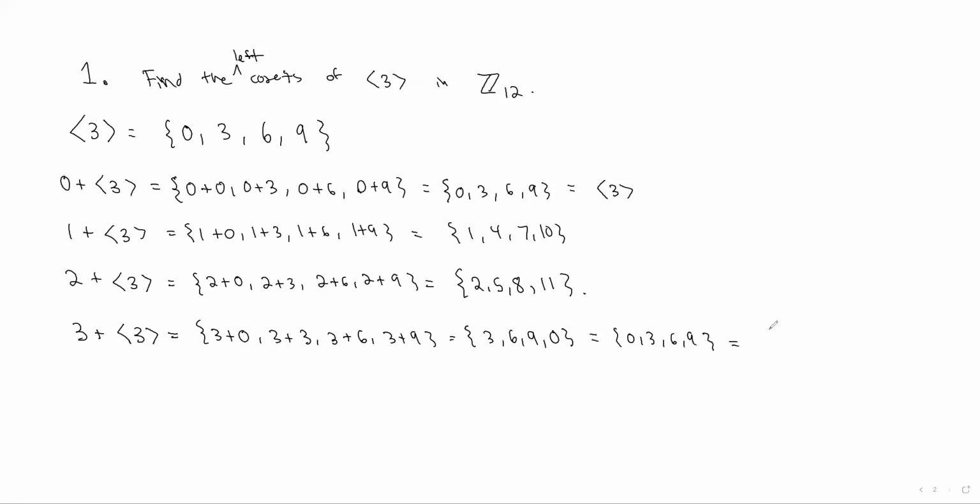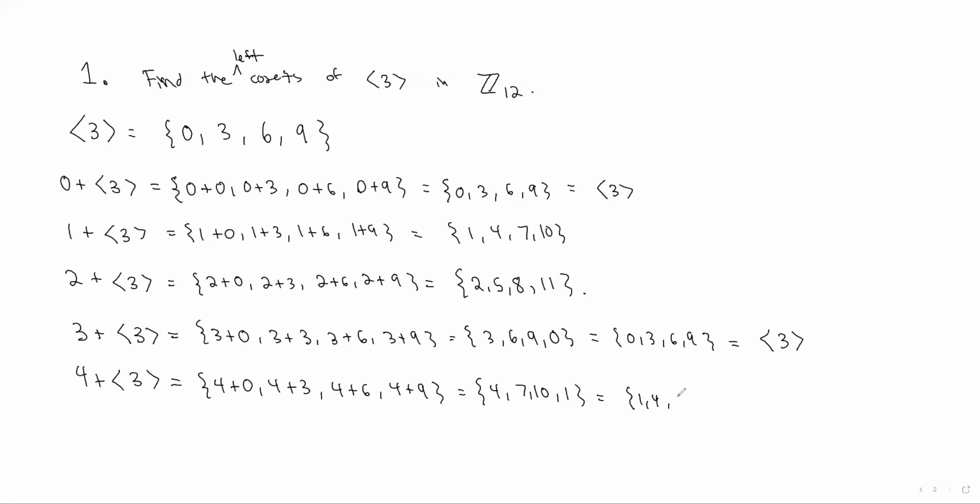Order doesn't matter, so you just get the subgroup back. 4 plus 3: 4 plus 0, 4 plus 3, 4 plus 6, 4 plus 9, so it's 4, 7, 10, 1. Same thing as 1, 4, 7, 10, which is 1 plus the subgroup generated by 3.